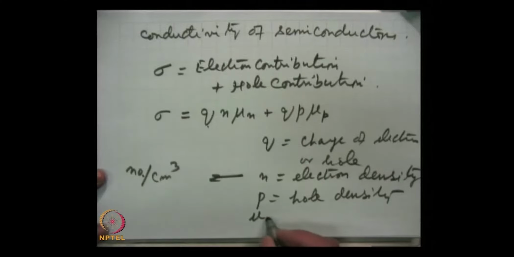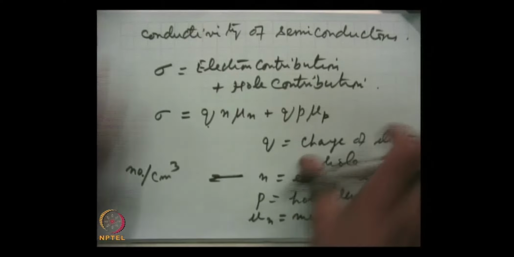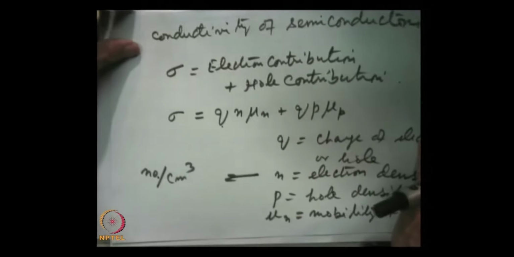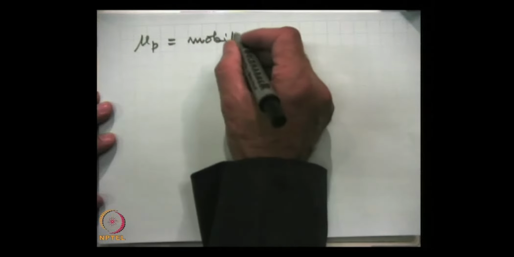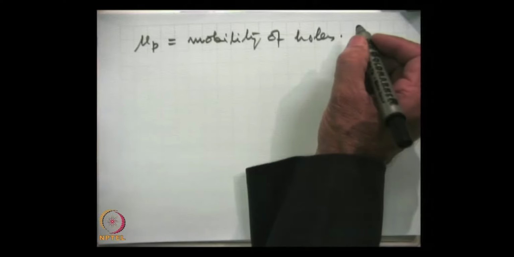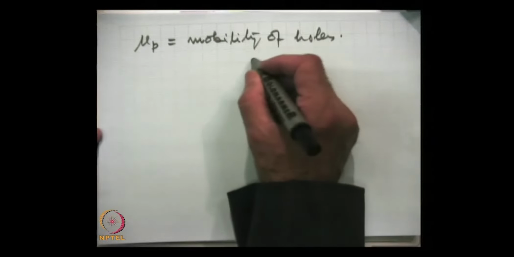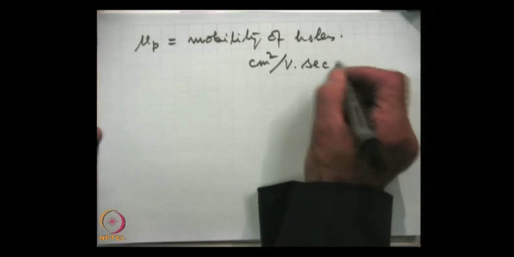This is mu n, this is the mobility of electron, and similarly mu p, this is mobility of holes, and this is expressed in practical units as centimeter square per volt per second.